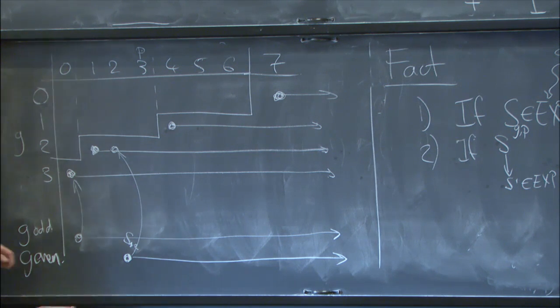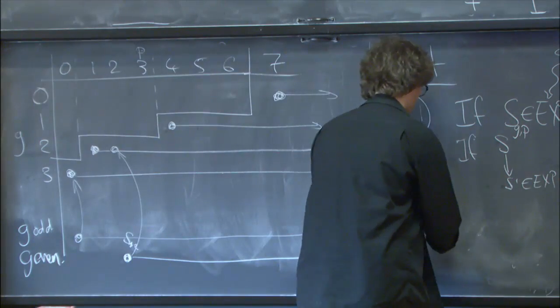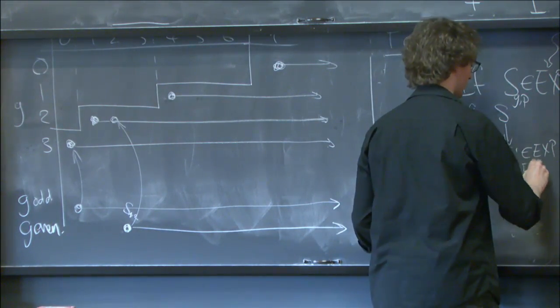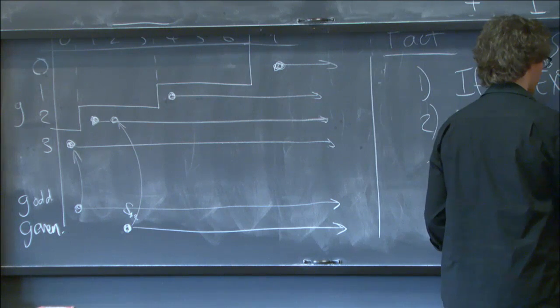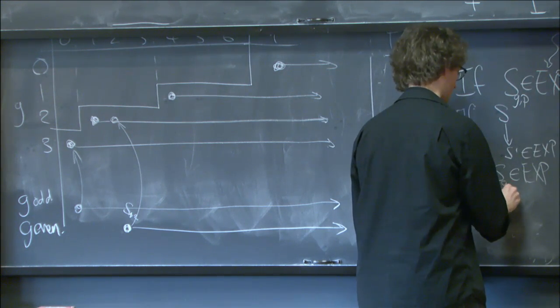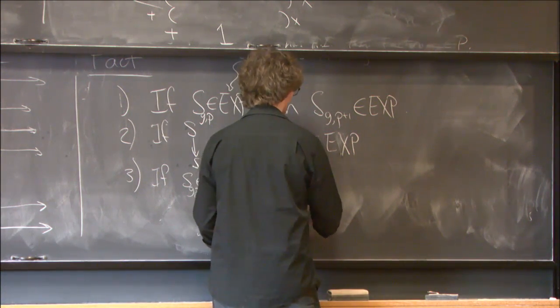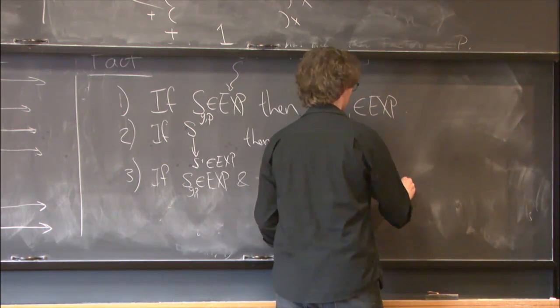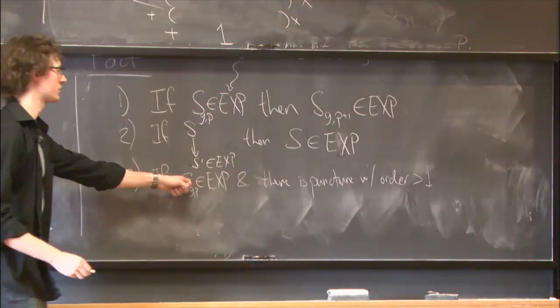We've almost filled out the remainder of this table, but there's a couple of little cases floating around that I want to point out, which is taken care of by this third fact, which is that actually if S is in X, and let's name this properly, SGP is in X, and there's a singularity, or there is a puncture with order bigger than 1 for every mapping class in my family.